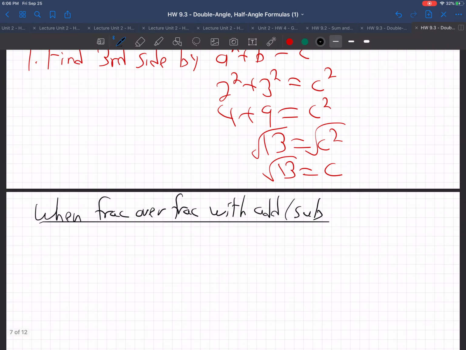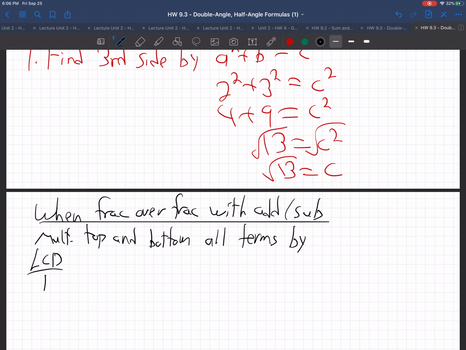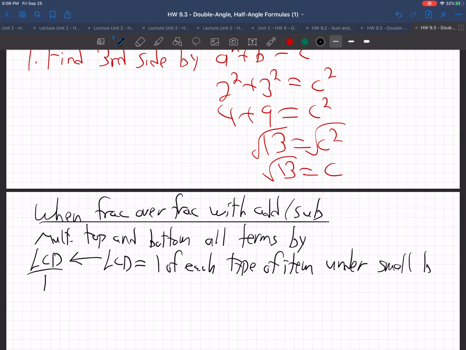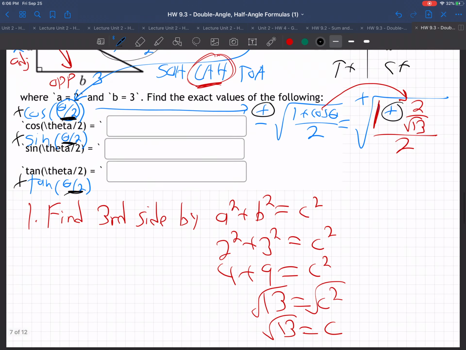What do you have to do? You have to multiply top and bottom, all the terms, by the LCD over 1. And the LCD equals 1 of each type of item under a small bar.